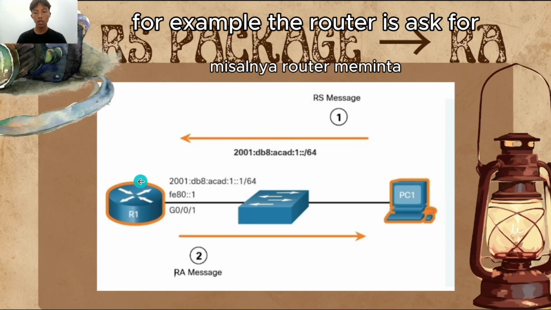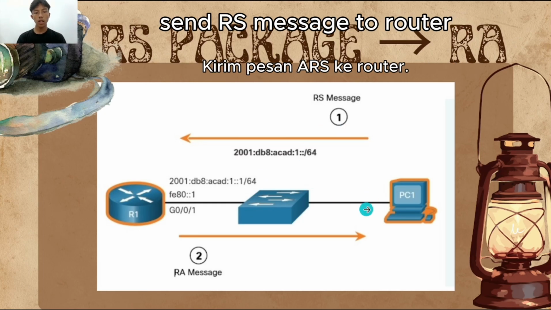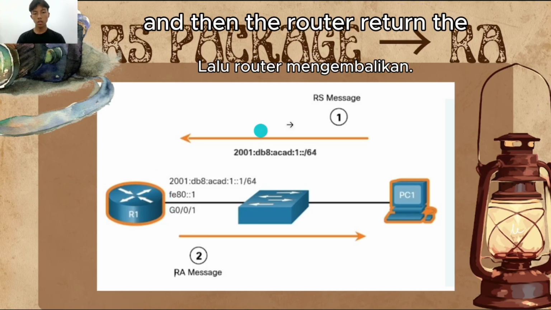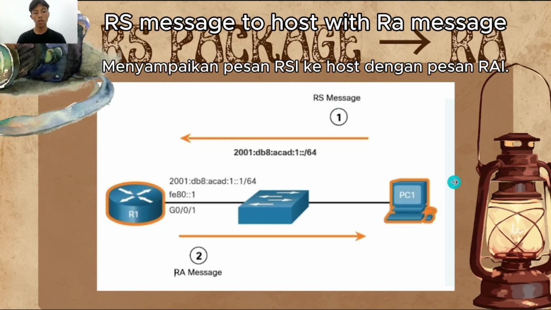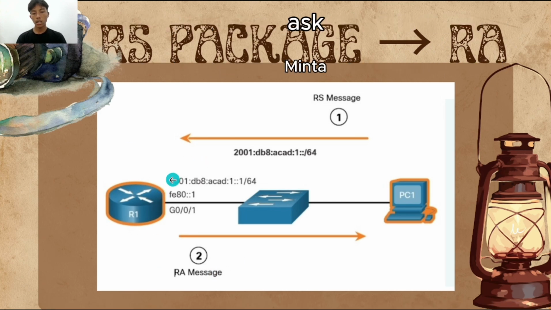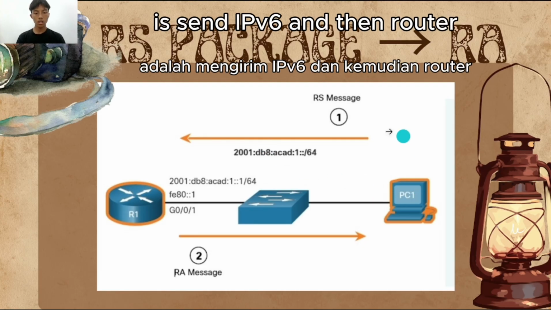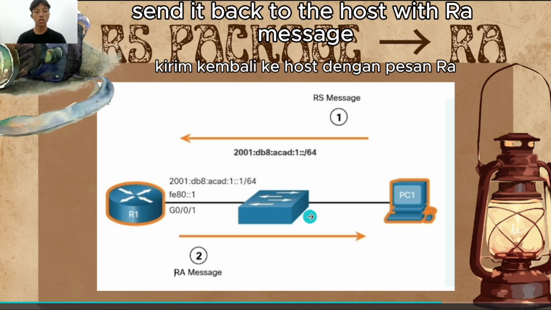For example, the host sends an RS message to the router, and then the router returns an RA message to the host. Here, the router asks for IPv6, the PC sends IPv6, and then the router sends it back to the host with an RA message.